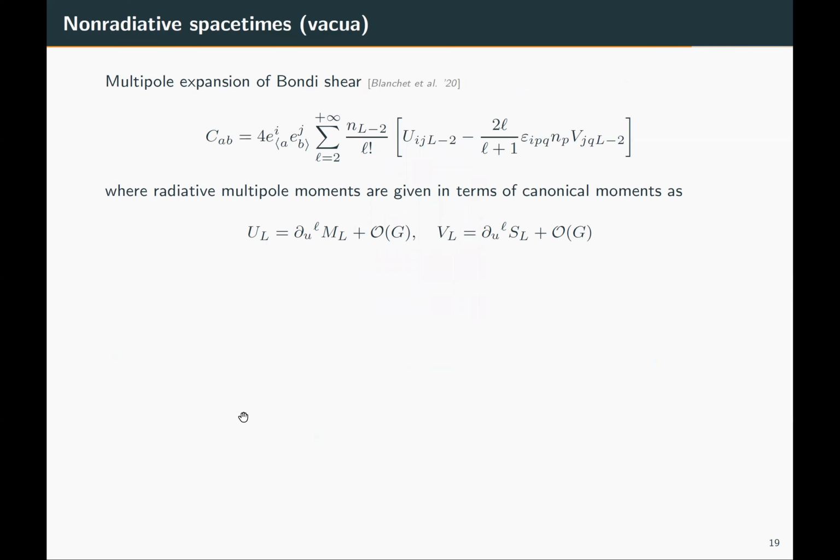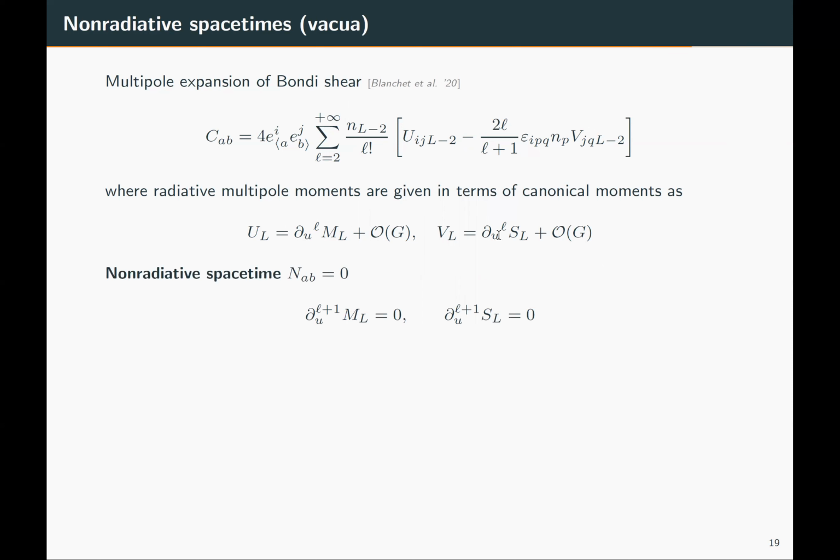To show that, I use a result that we obtained two years ago with Blanchet and collaborators, that the multipole expansion of the shear is given by this form, where U_L and V_L are the so-called radiative multipole moments, which are given at linear order by the L-th time derivative of the canonical multipole moments, M_L and here S_L.